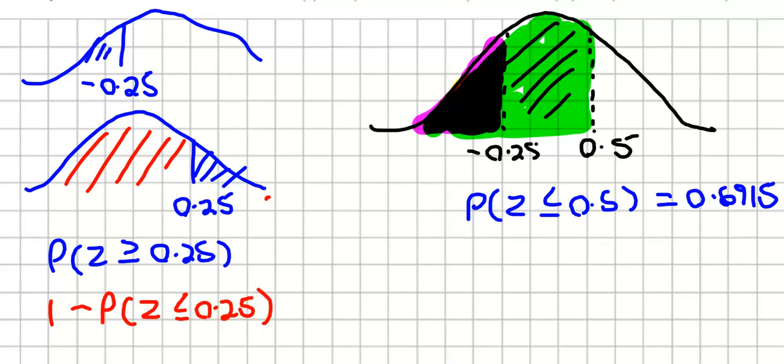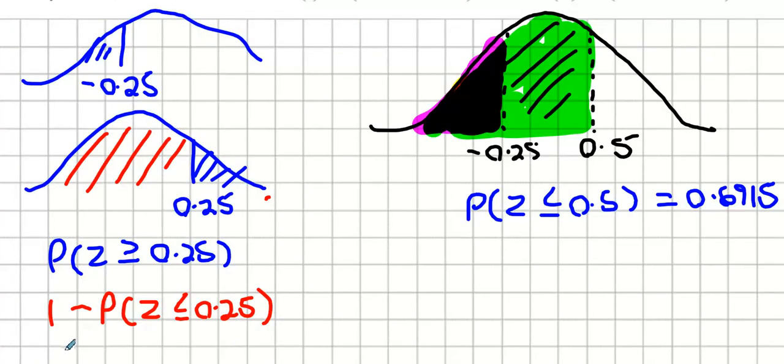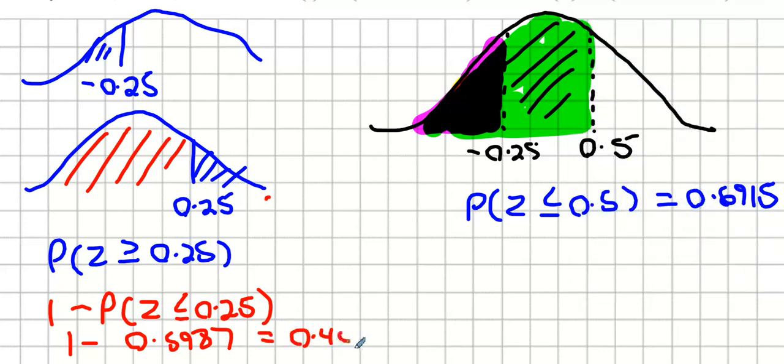Go to my tables, find out what 0.25 is. 0.5987, yeah? So 1 take away 0.5987 is 0.4013. Cool with that?